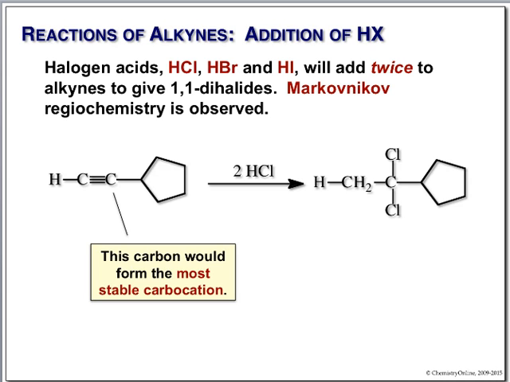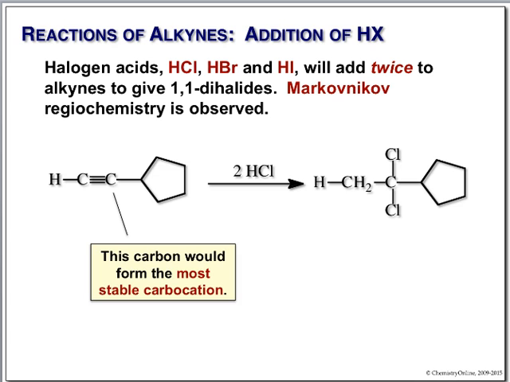This is a primary carbon on the end. This is a secondary carbon, so the secondary carbon wins. We're going to add 2 moles of HCl, and both chlorines are going to go on this carbon. There's a product. Again, it is a 1,1 dihalide.